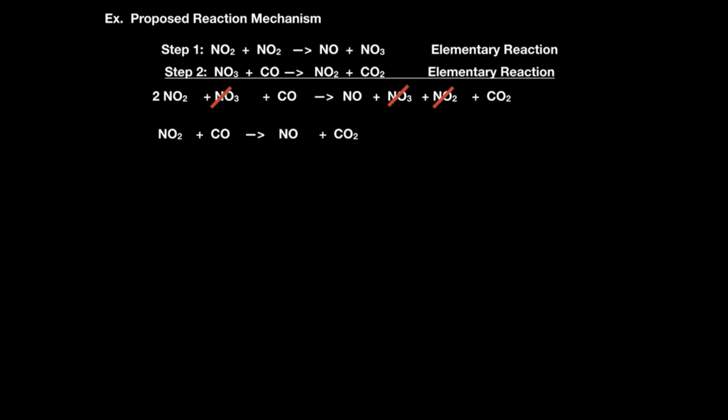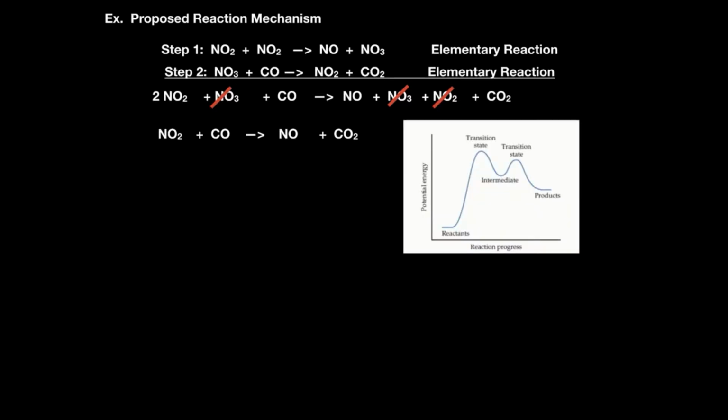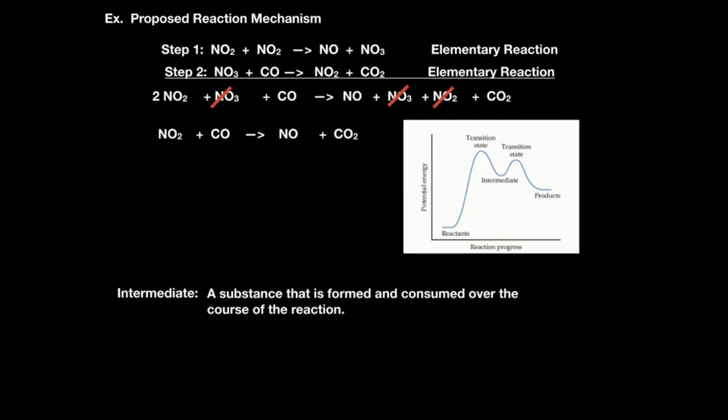All right, so let's talk about a couple of quick terms that I can use when I'm talking about my elementary steps and my overall reaction. The first thing I wanted to talk about was your intermediate. If you notice on this graph, your intermediate exists right after that transition state at the bottom of that hump in the middle. An intermediate is a substance that's going to be formed and consumed over the course of the reaction.